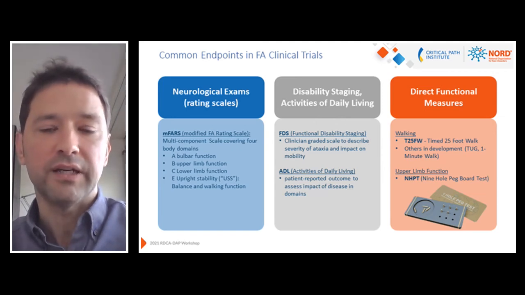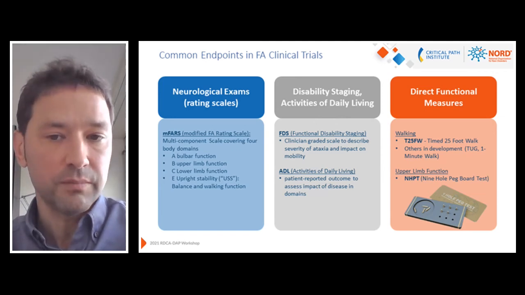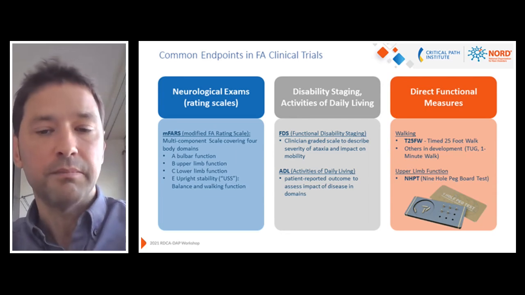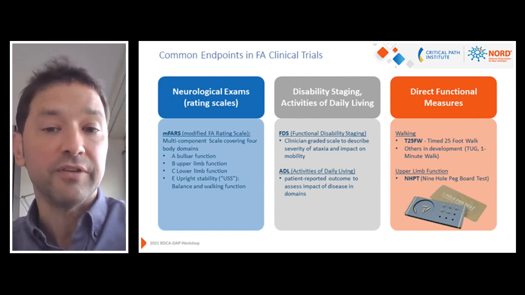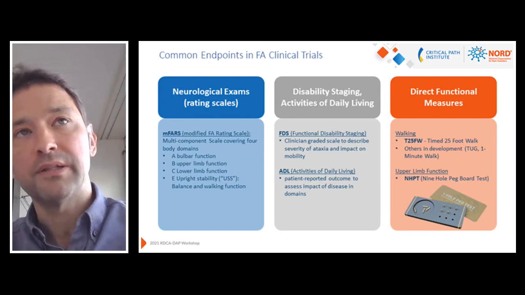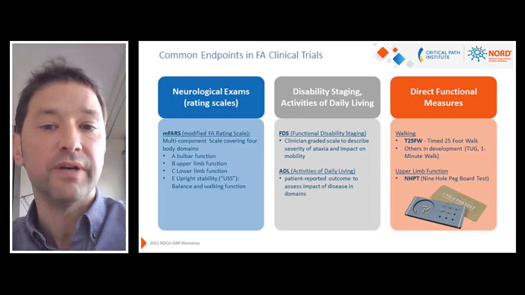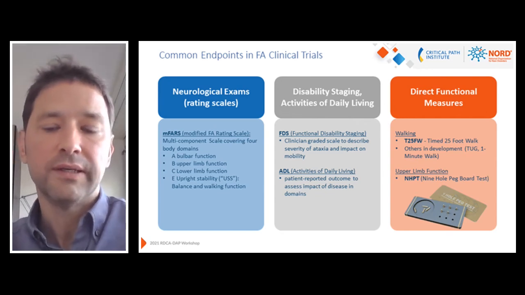And lastly, we have also direct functional measures in the database. These are mainly assessing walking and upper limb function, and the two most important ones are the timed 25-foot walk and the 9-hole peg test. It's important to know that there are quite a few additional measures in development. These are just the two that we have vast amounts of data of.